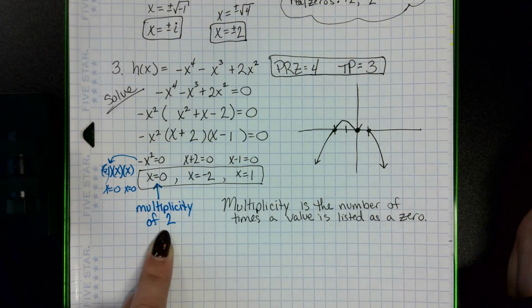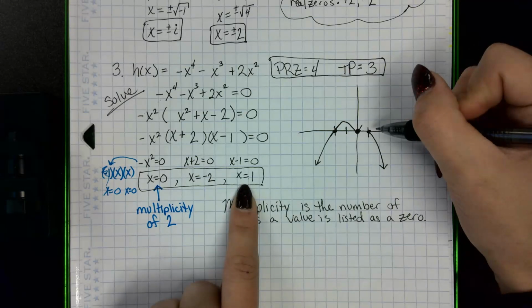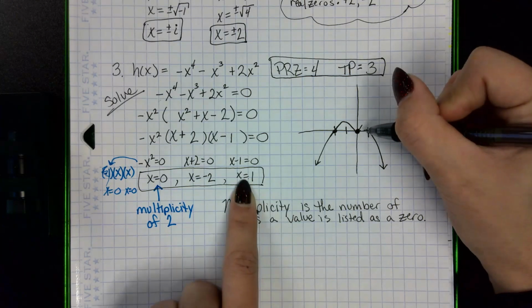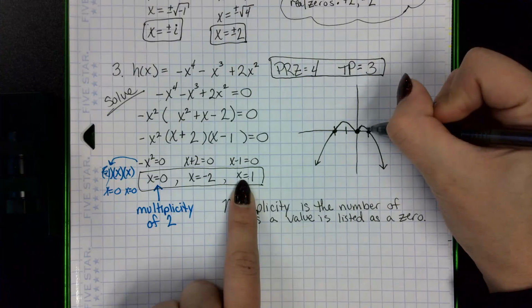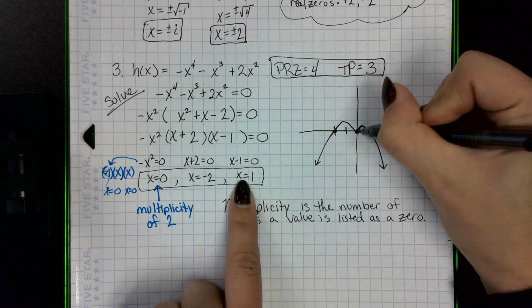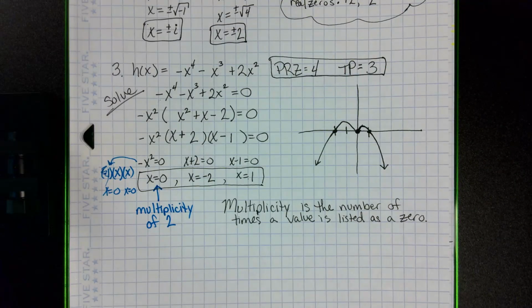You're going to hit the 0 and bounce off again. And then my last one was at 1. And it's x to the first power, so it passes through again. An even multiplicity will bounce off. So I could tell my graph looks something like that. That's just, again, I don't know exactly what those other values were. It's a quick sketch of the graph.